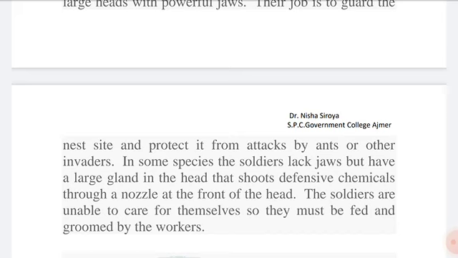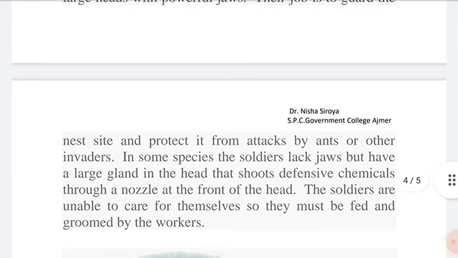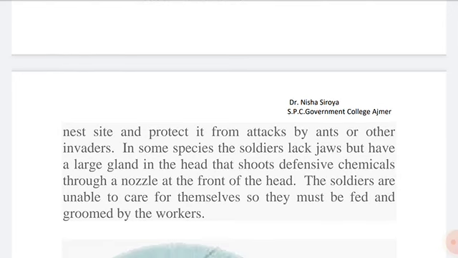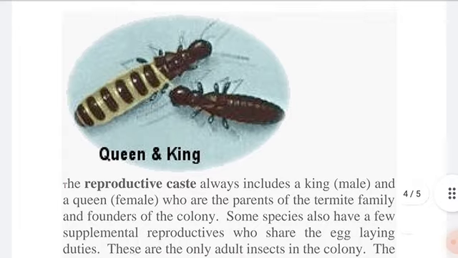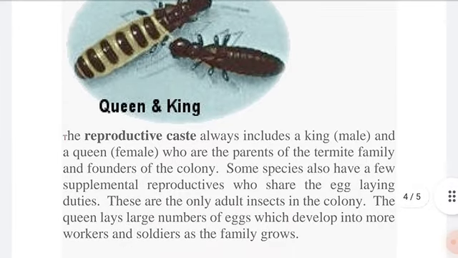The soldiers are unable to care for themselves, so they must be fed and groomed by the workers. So these are called the soldiers. Their structures are modified and they are morphologically changed.